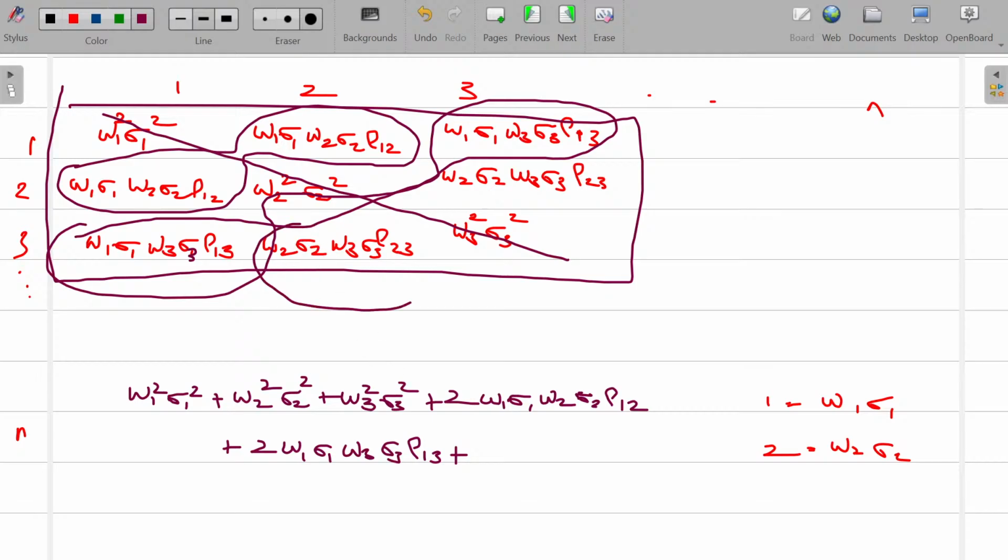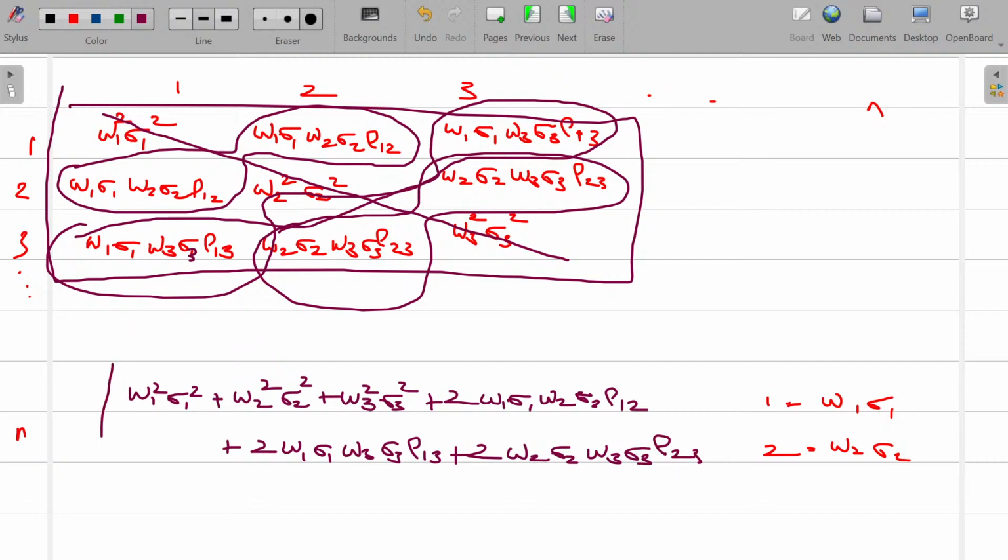And finally these two: 2 times of W2 standard deviation 2, W3 standard deviation 3, and correlation 2 and 3. Take the root of this. This is the standard deviation of the portfolio, where we have 3 securities in our portfolio.